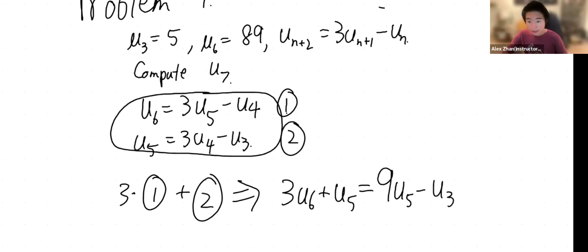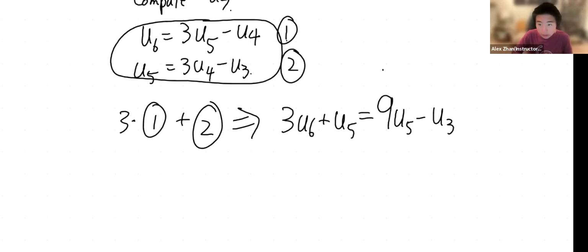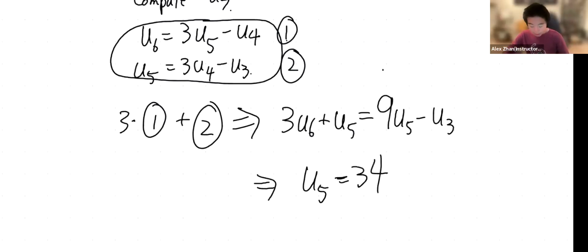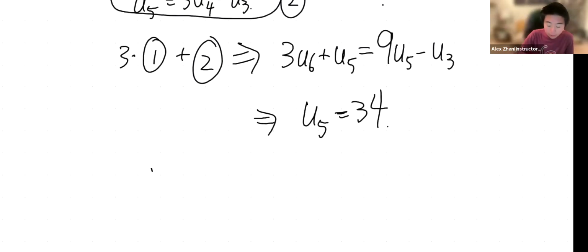We can simplify this equation with the values we were given: plug in U3 equals 5, U6 equals 89. Then we get that U5 is equal to 34. Hence U7 is equal to 3 times 89 minus 34. So that is 233.